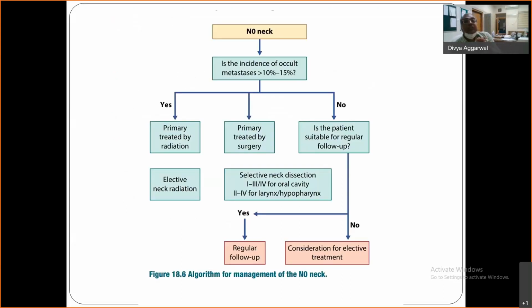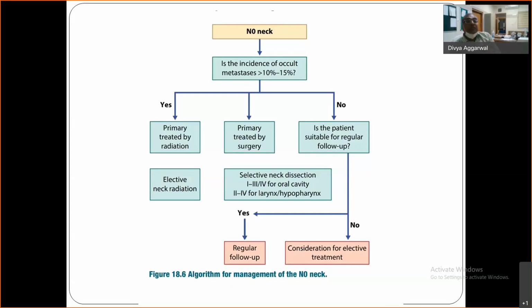So how do you manage an N0 neck if the incidence of occult metastasis is greater than 10 to 15%? That is, if the incidence of that tumor metastasizing to the neck is 10 to 15%. If the answer is yes, then it is primarily treated by radiation, or by surgery. And if the answer is no, then the patient is suitable for regular follow-up.